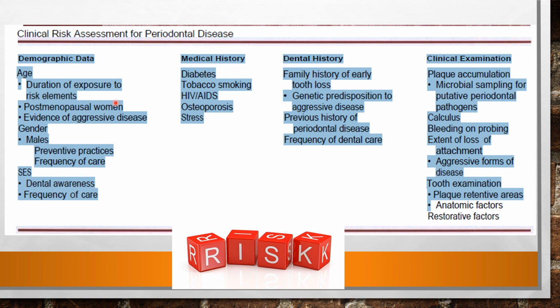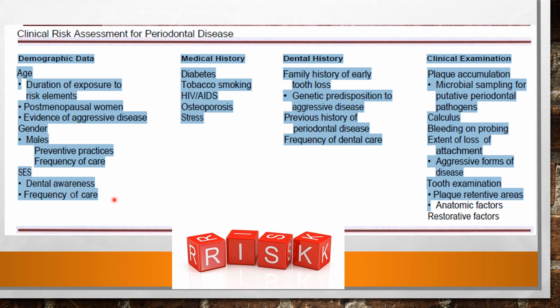There is duration of exposure to risk, and according to age we will be able to evaluate, for example, whether women are postmenopausal, and evidence of aggressive disease can be defined. Gender can also be defined: in males there will be decreased preventive practices and the frequency of care will be less. Socioeconomic status will also be monitored under demographic data, that is, awareness and frequency of care.